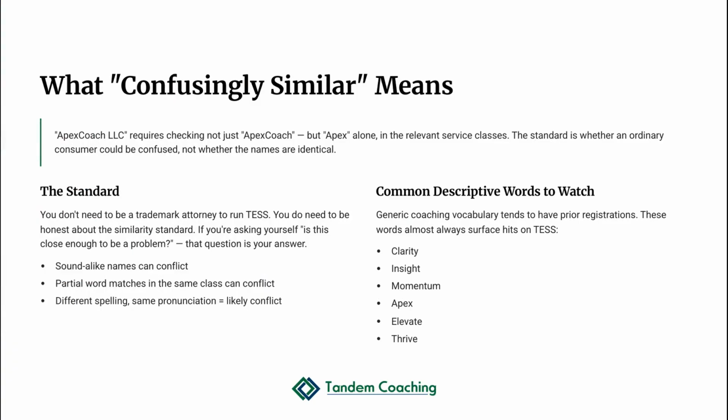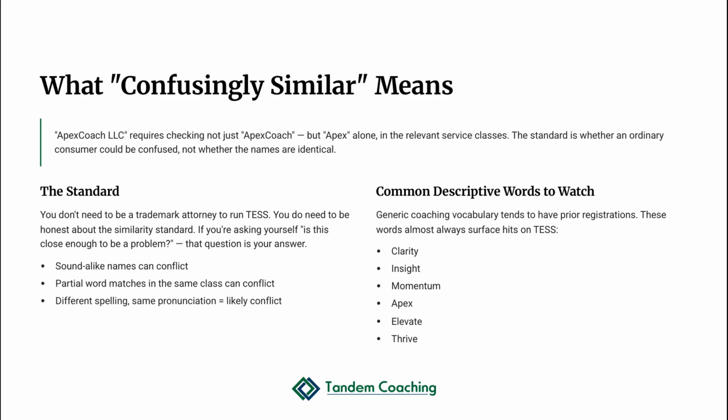Confusingly similar is the legal standard, and it includes the root word, not just the exact phrase you chose. Name your practice Apex Coach LLC, and you also have to check Apex by itself in the service classes. Because Apex Coaching, Apex Leadership, and Apex Strategies are all potentially conflicting prior registrations, the trademark office may treat as similar to yours.